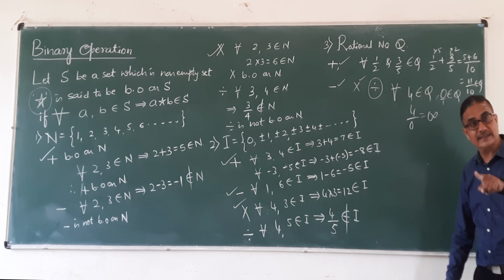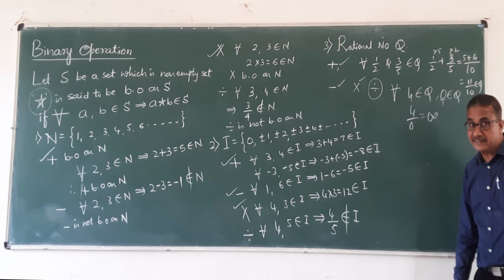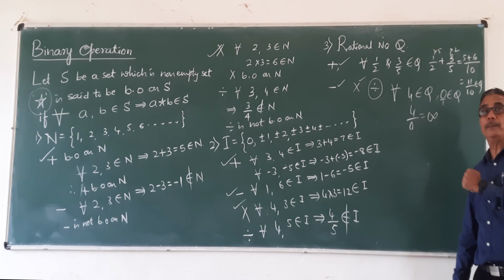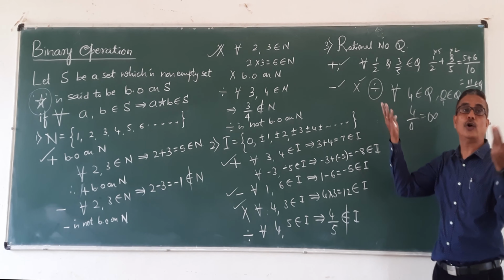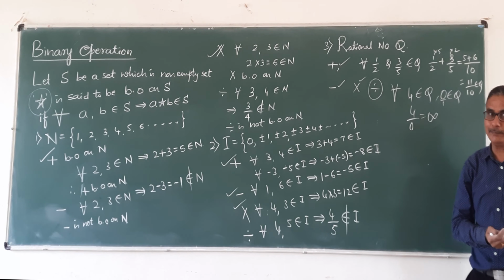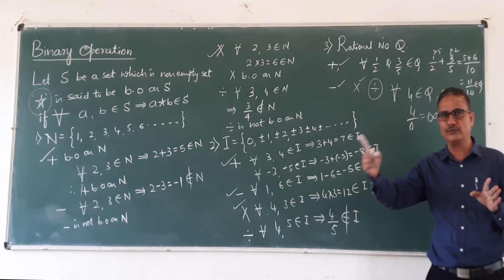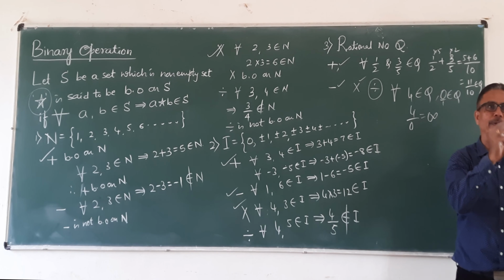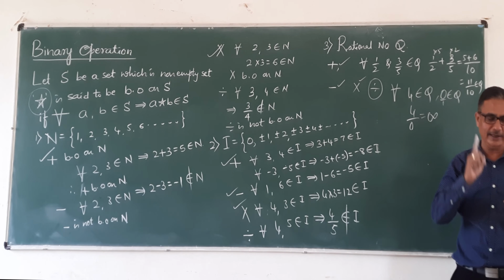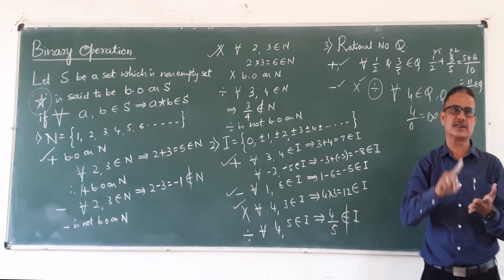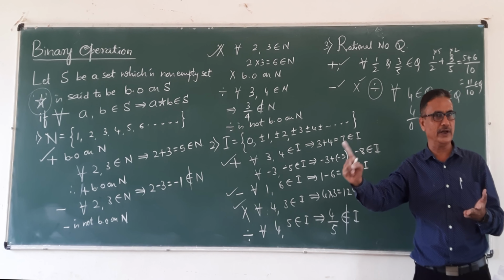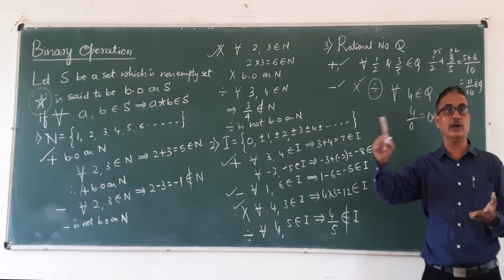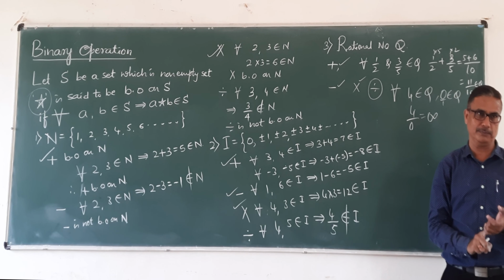If you take the set of rational numbers except 0, all 4 operations are satisfied. Remember, on the set of rational numbers only 3 operations are satisfied, namely addition, subtraction and multiplication are binary operations, but division is not a binary operation on the set of rational numbers.